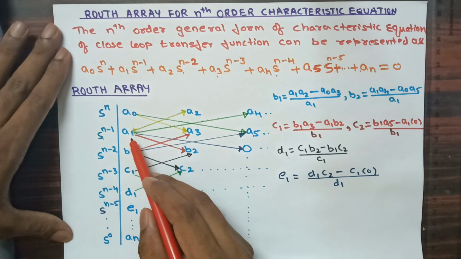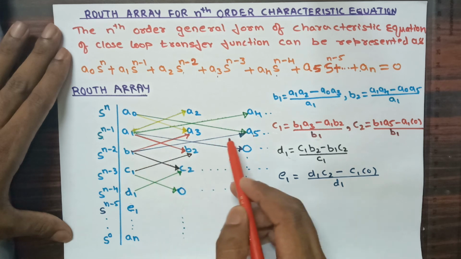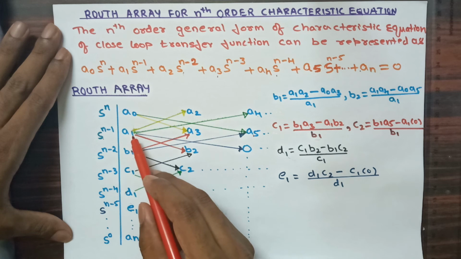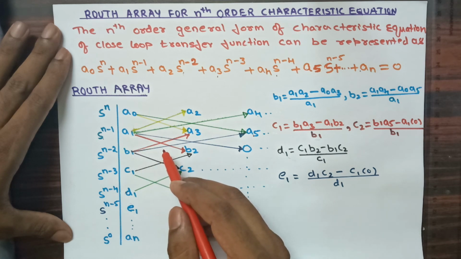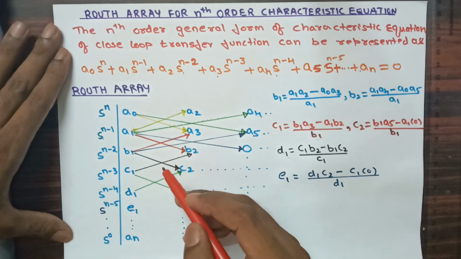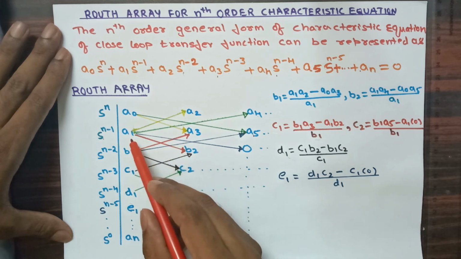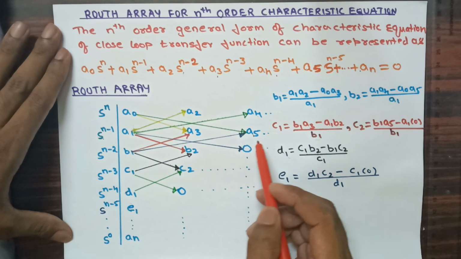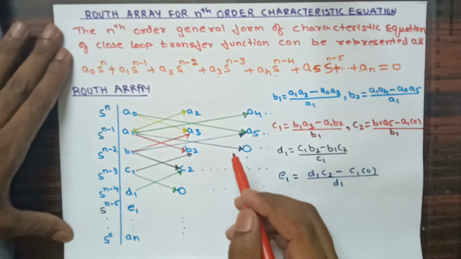That means anything divided by 0 is infinity. So the next process of the Routh array fails when the first value of any row becomes 0. In such a case, we are going to use the Routh-Hurwitz case 1 method, which I will discuss in the next video. So you should remember that it is only the first value, not the entire row. Any one value, either the second or third value, should be non-zero.